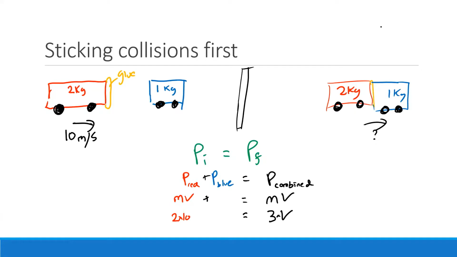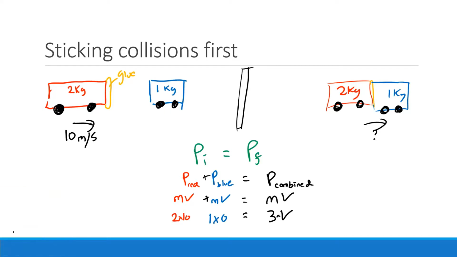I'm saying guess because I don't expect you to be able to do this yet without too much help. But what's the momentum of the blue one going to be if it's not moving? Zero. Yeah, Roshan, 100% correct. Its mass times its velocity. It's going to be 1 times 0.